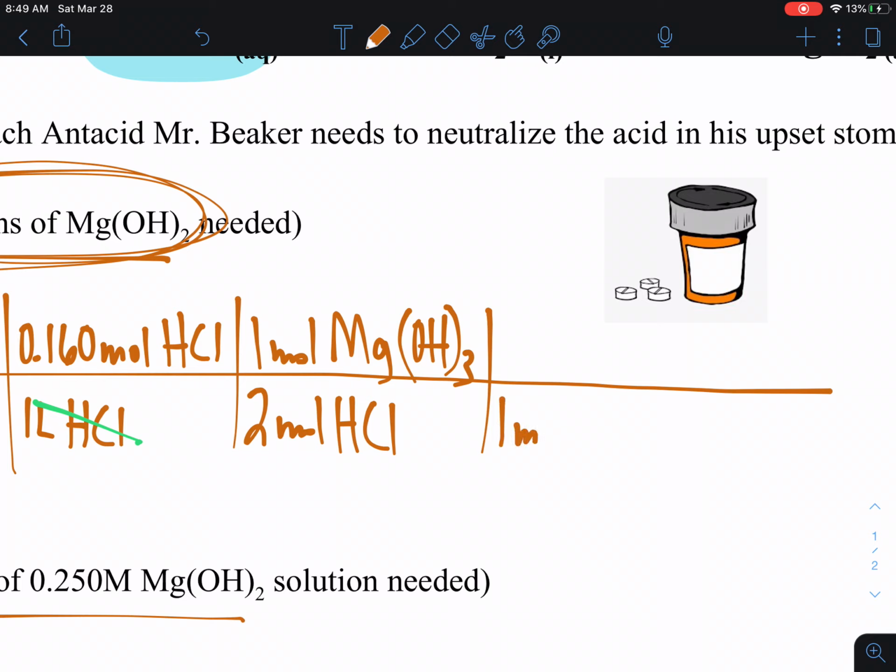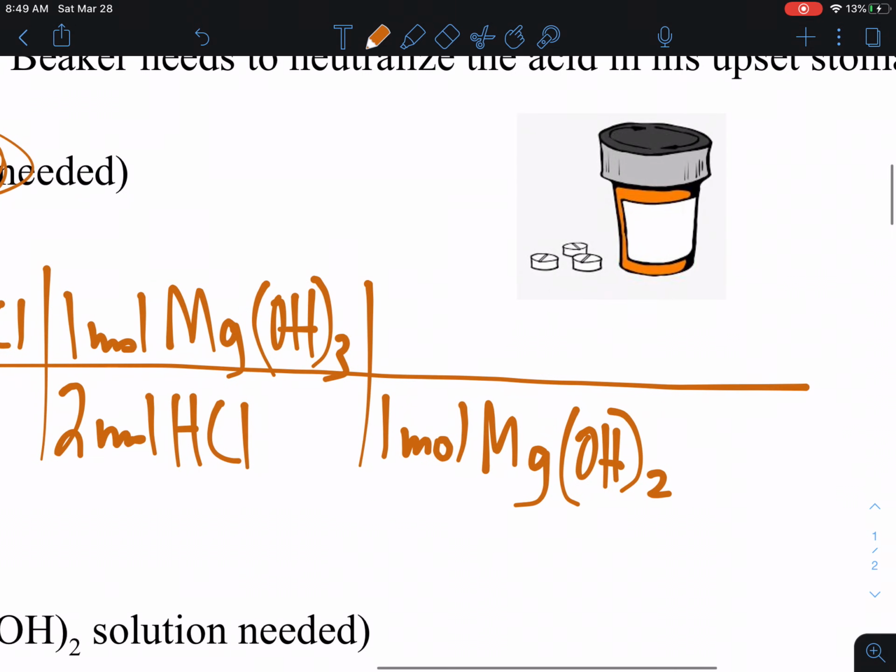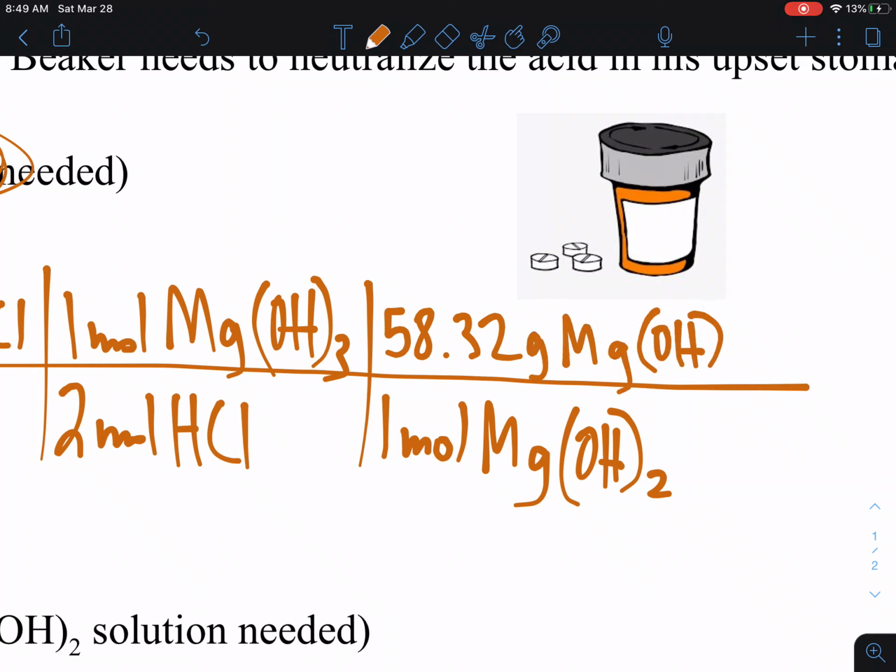So for every 1 mole of magnesium hydroxide, now I'm going to use my periodic table to calculate the molar mass. Well, I'm going to look it up online, but I'm going to calculate the molar mass of magnesium hydroxide. And it's 58.32. So we'll go 58.32 grams of magnesium hydroxide.